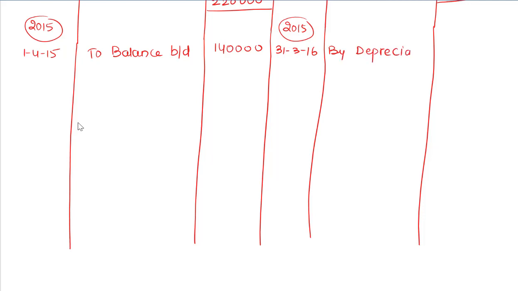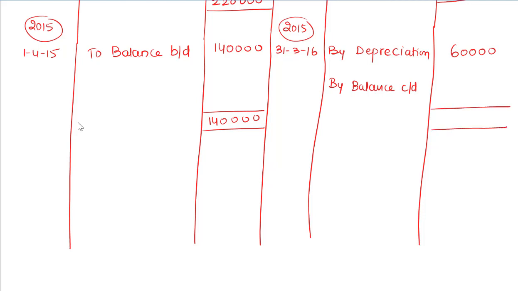So by depreciation 60,000, by balance carried down. 1,40,000 is the total, minus 60,000.